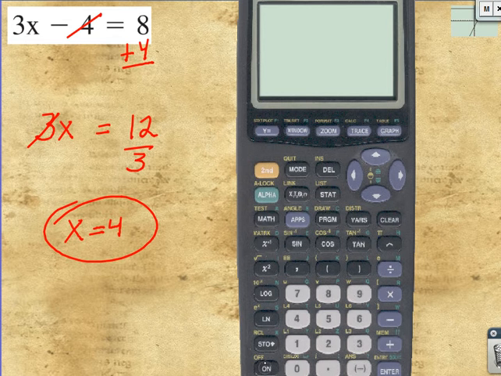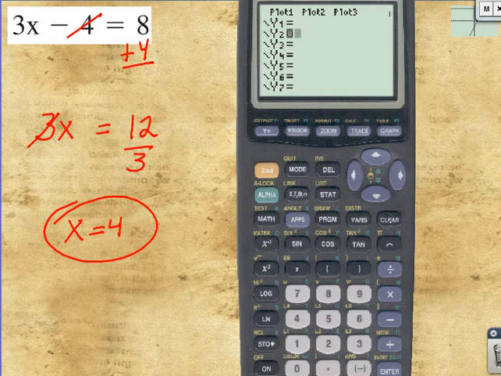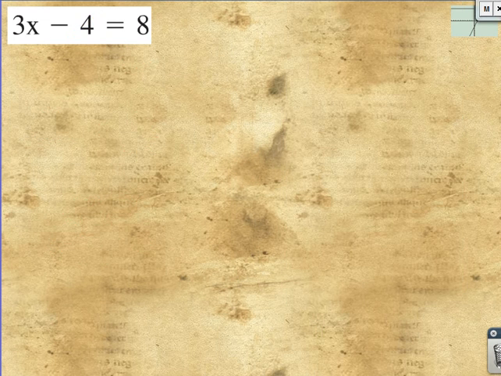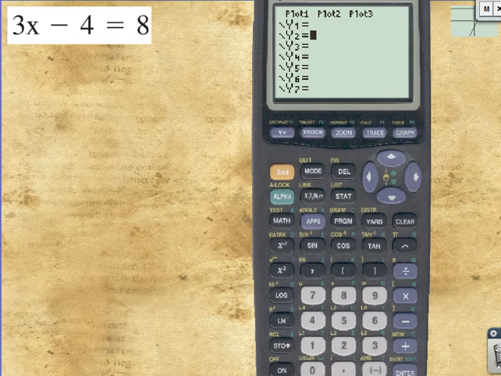Now I do want to show you the connection between that and a graphing calculator, or a graph. Look at each side here, and again keep in mind what the answer was there, x equals 4. And what I'm about to show you could be valuable to you, not necessarily on this one, but on some of the more advanced graphing calculators, or on the more advanced equations. 3x minus 4, you've graphed those before.